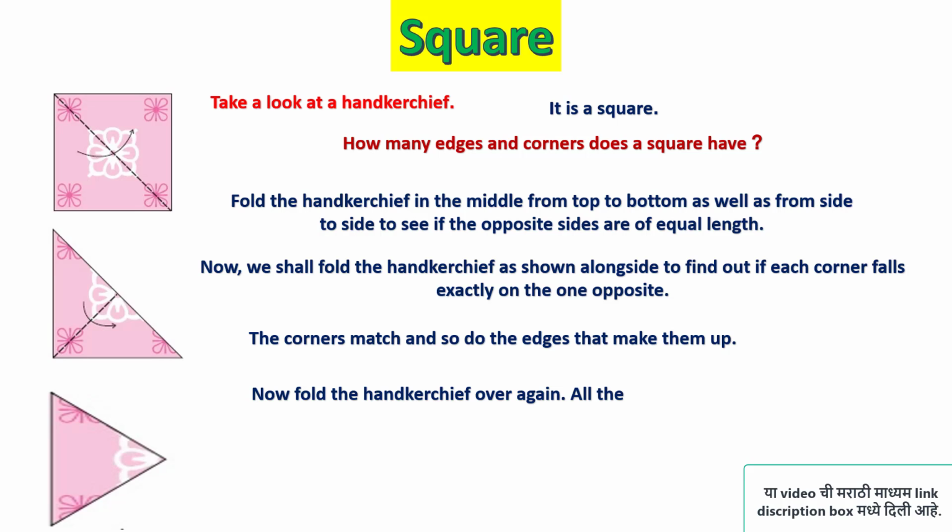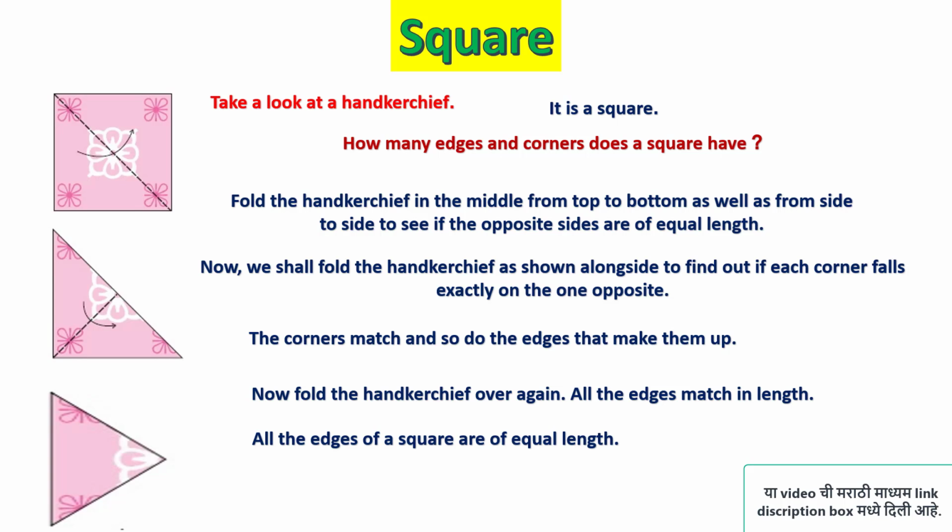All the edges match in length. Here we see the handkerchief fold and all the edges match in length. All the edges of a square are of equal length. Here it is. In this way we find out all the edges of a square are of equal length.